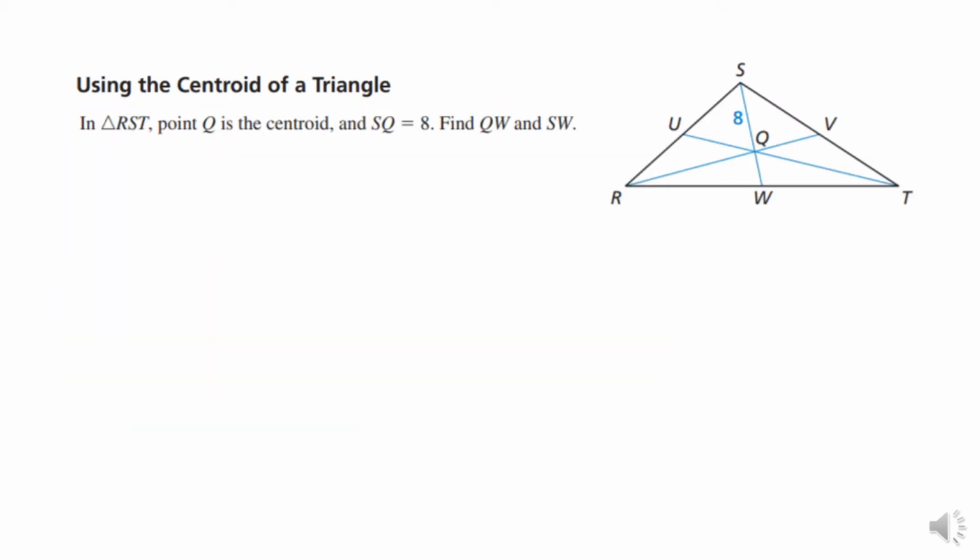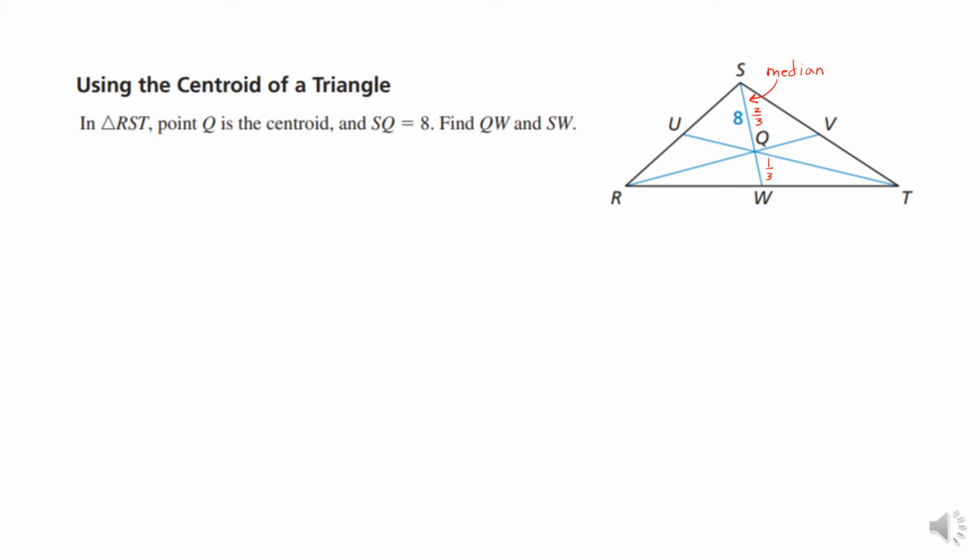Okay, so using the centroid of a triangle, in this one we can see that point Q is the centroid. Since we can see that this line is going to the vertex, we know that this is a median. And we know by definition that one part is 2/3 and one part is 1/3. Since SQ is the longer portion, we're going to say that it's the 2/3 and QW is the 1/3.